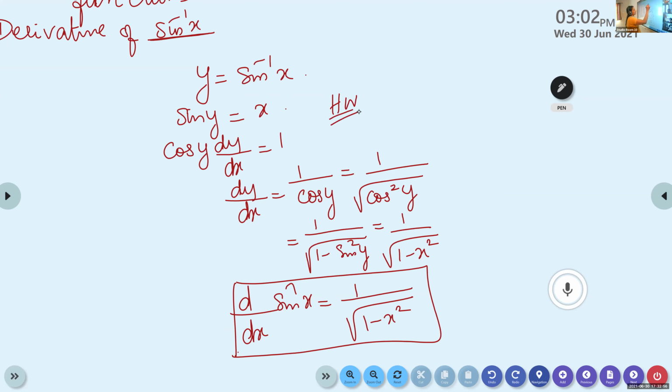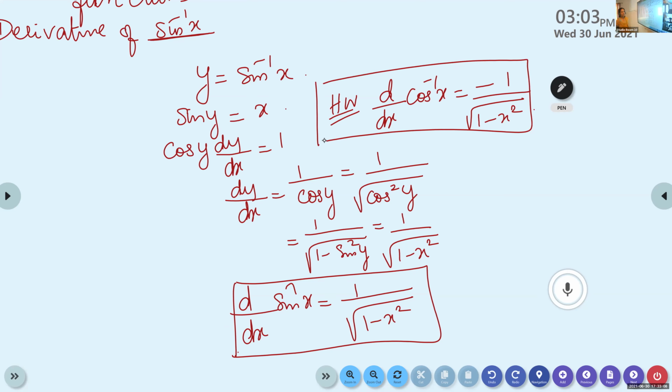Prove that derivative of cos inverse of x is minus 1 by root of 1 minus x square.